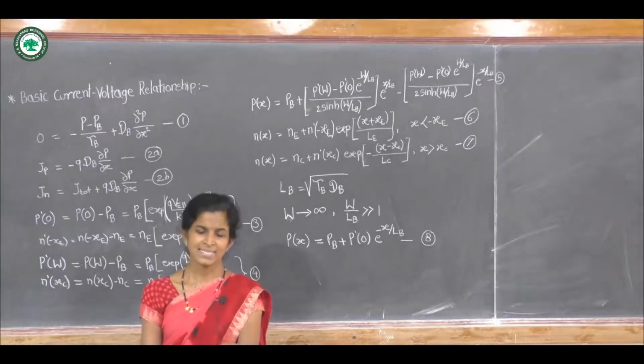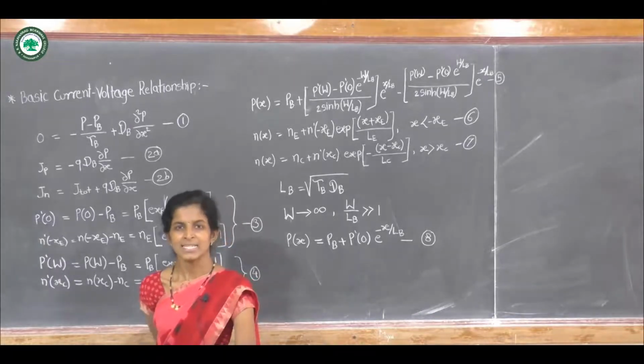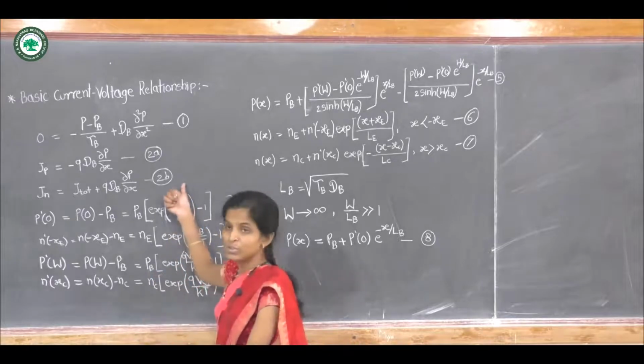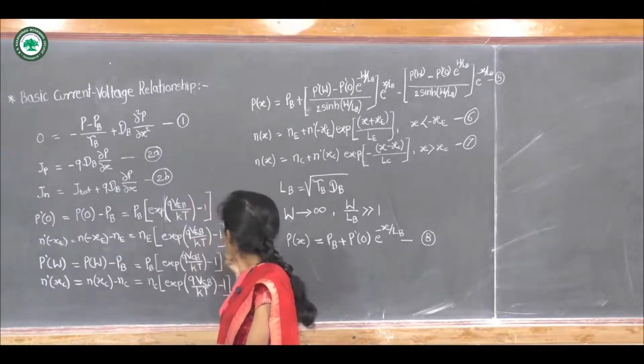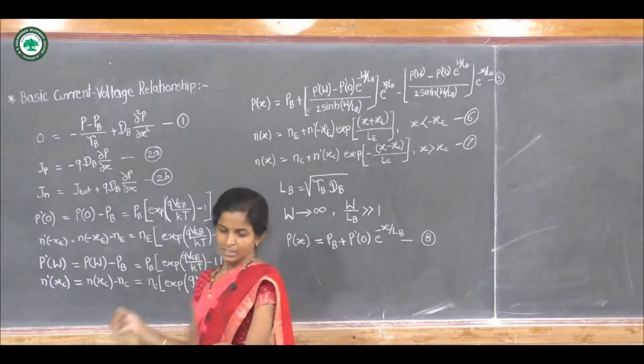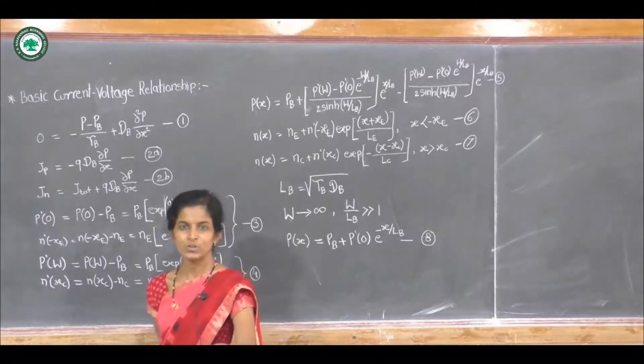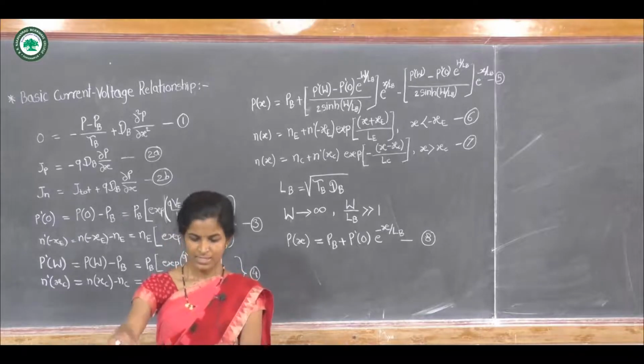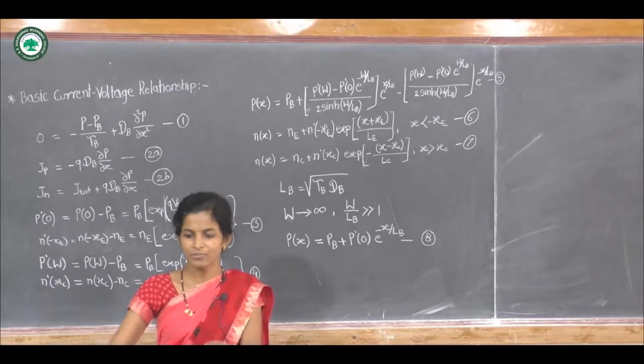The transistor action is thus lost, and from equation number 2 and equation number 3 we can obtain the total DC emitter current as a function of applied voltage.